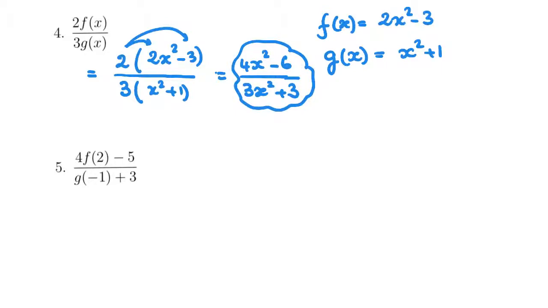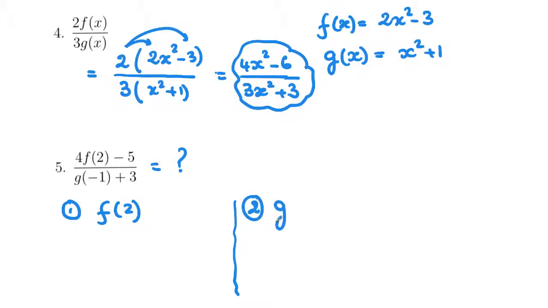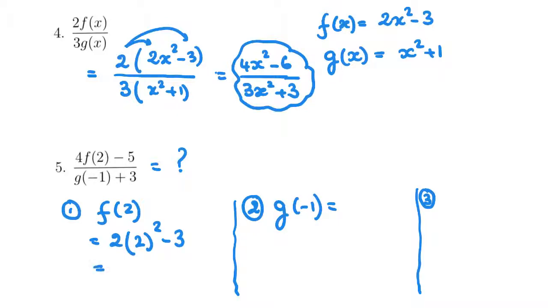Now, to evaluate this, I need to find two things first. I need f of 2. I will then need g of minus 1, and then after that I can work out the answer. So f of 2 first will be 2 times 2 squared minus 3. So 2 squared is 4 times 2, 8 minus 3, 5.